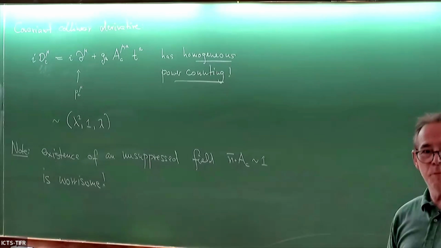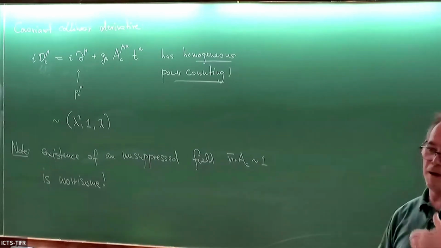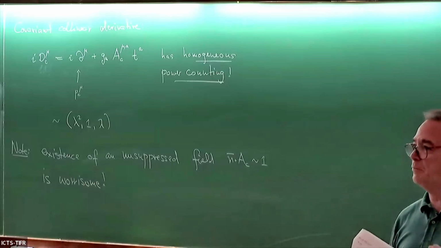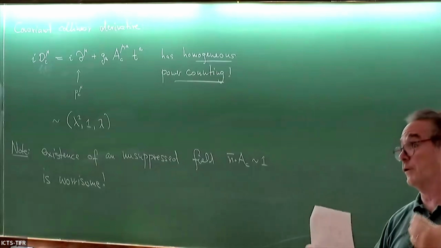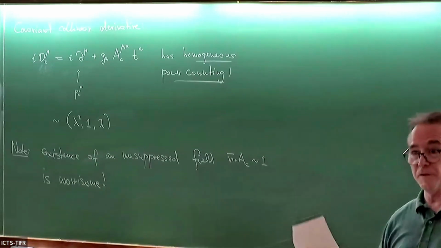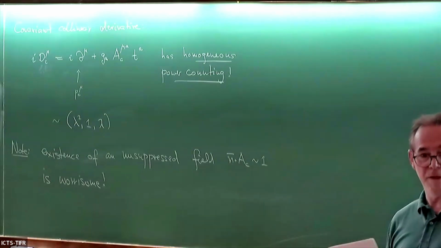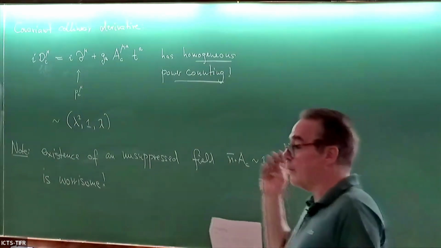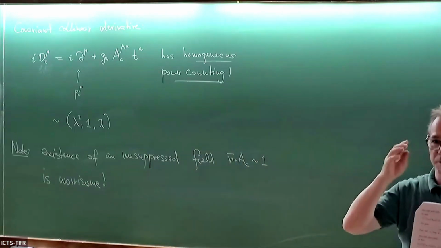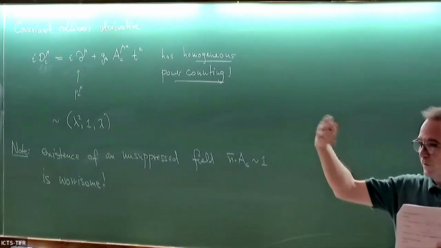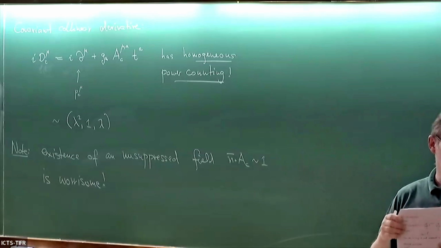And that's important for the SMEFT, for example. The SMEFT contains arbitrarily complicated operators built out of covariant derivatives and standard model fields. Standard model fields have positive power counting, derivatives have positive power counting, which means that if I add fields to an operator or derivatives to an operator, the operator will become higher and higher order in power counting. So it will have more and more suppressions with a new physics scale.